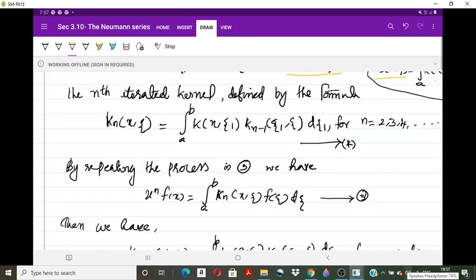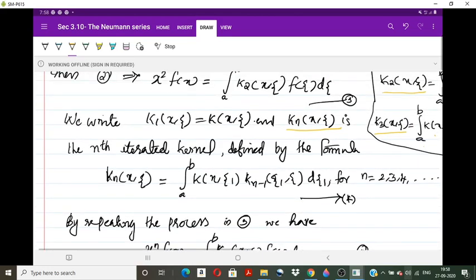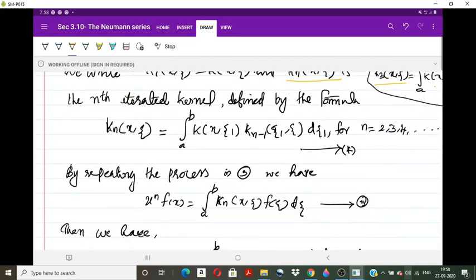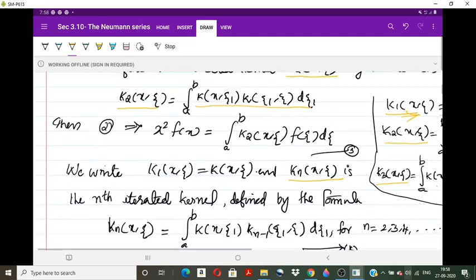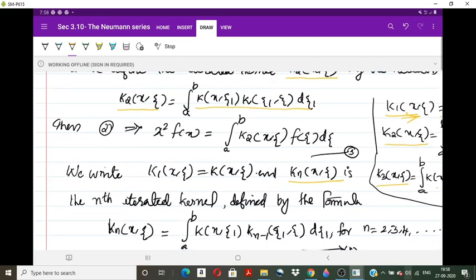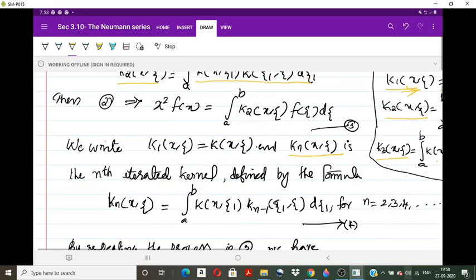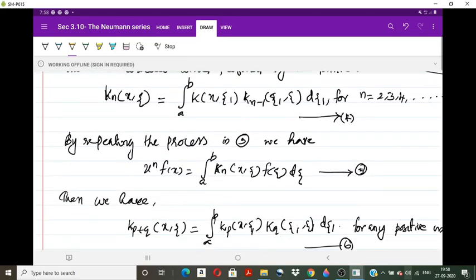Hence the nth iterated kernel is defined by the formula kn of x theta is equal to integral a to b k of x theta 1 k n minus 1 of theta 1 theta d theta 1 for n equal to 2, 3, 4, etc. Now substituting all this in the corresponding equation, we have kappa n of f of x is equal to integral a to b kn of x theta f theta d theta. Similarly, in the case of equation number 3, kappa n of f of x is equal to integral a to b kn of x theta f theta d theta, where kn of x theta is the nth iterated kernel.